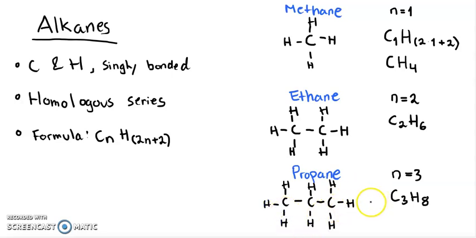What we see from this is that we add 1 carbon each time, and we add 2 hydrogens each time. So the unit for alkanes, as I said, a homologous series has the same general formula, but it differs by 1 unit. The unit is CH2.